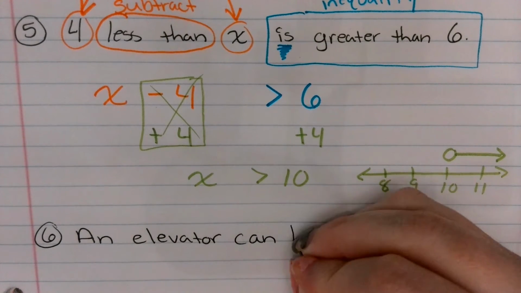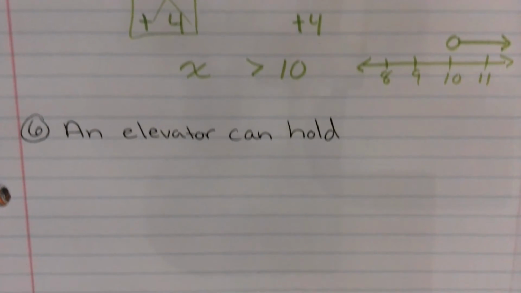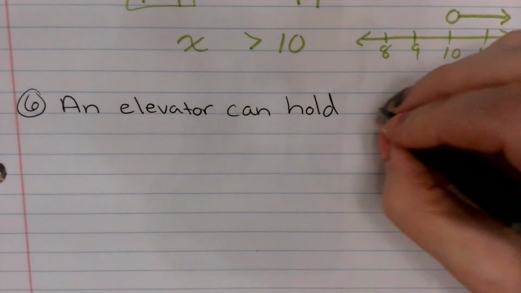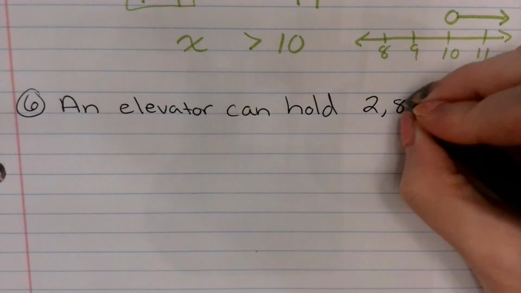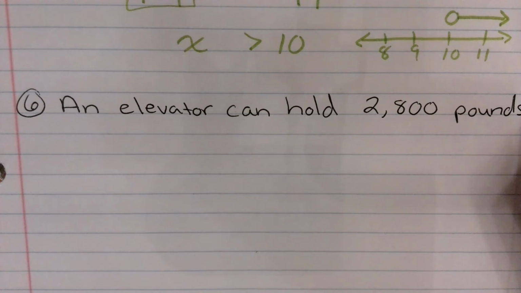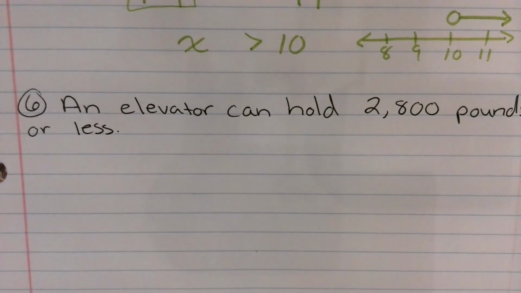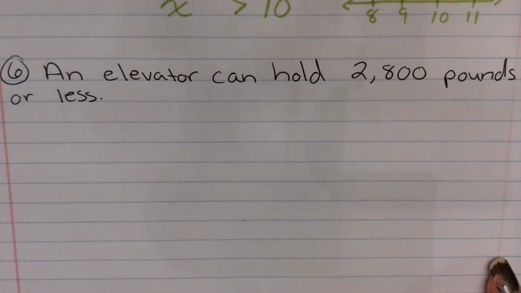And elevators, they have restrictions to them. They have actual weight restrictions. So let's say that it can hold 2,800 pounds or less. Okay, an elevator can hold 2,800 pounds or less.